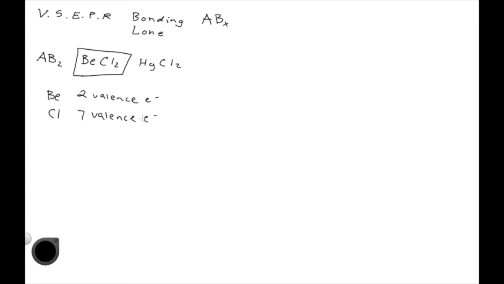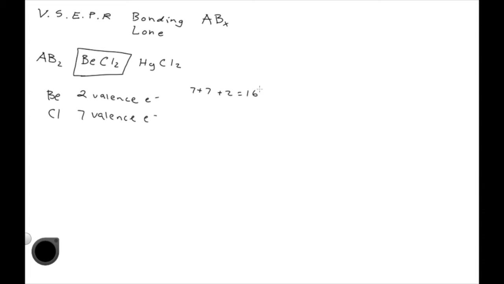So we have to account for a total of 16 electrons, because 7 plus 7 plus 2 equals 16, right? 7 for each of the 2 chlorine atoms and 2 for the beryllium atom.